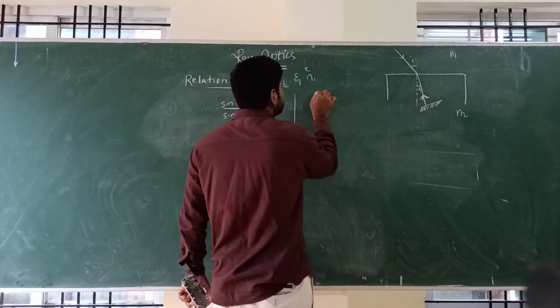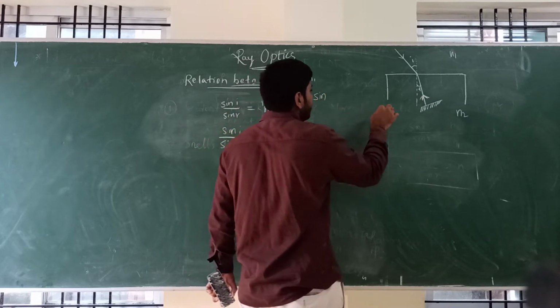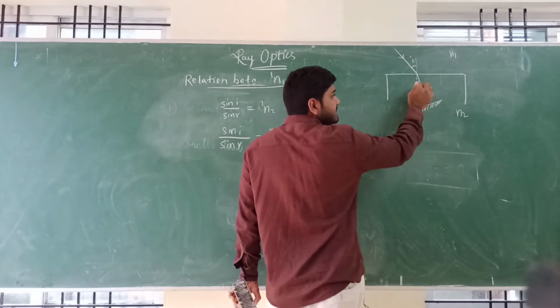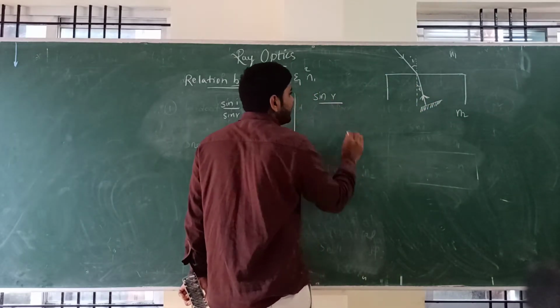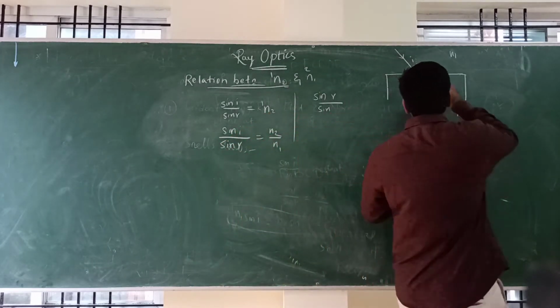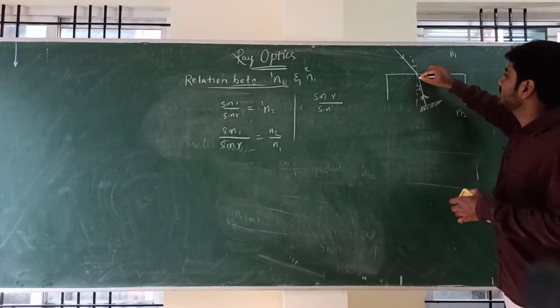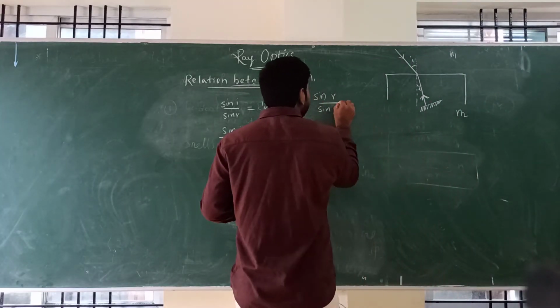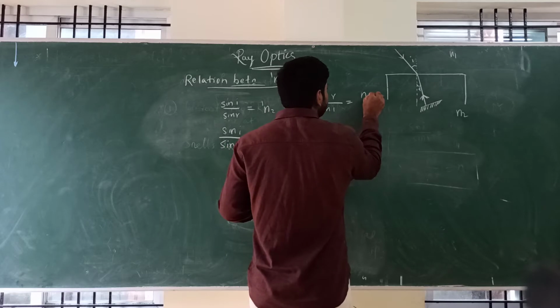That is sin i, where i means angle of incidence. In the second case, the angle of incidence is nothing but r, divided by sin i, the angle of refraction. So finally sin r by sin i is equal to N2.